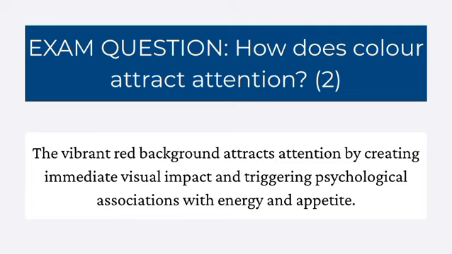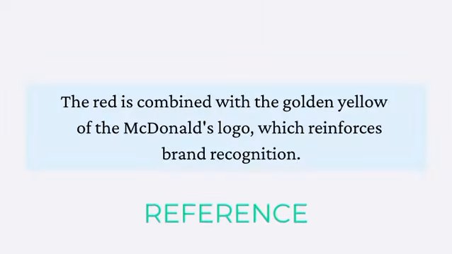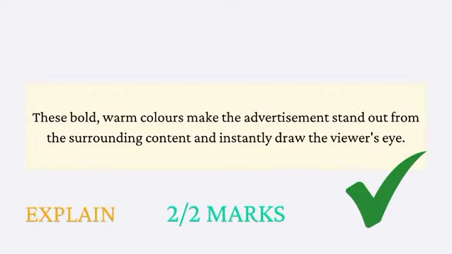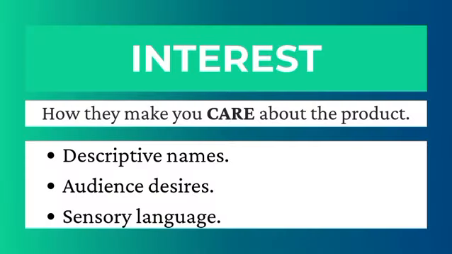That's your point. The red is combined with the yellow of the McDonald's logo, which reinforces brand recognition. That's your reference. These bold, warm colors make the advertisement stand out from surrounding content and draw the viewer's eye instantly. That's your explanation. 2 marks. Point, reference, explain.